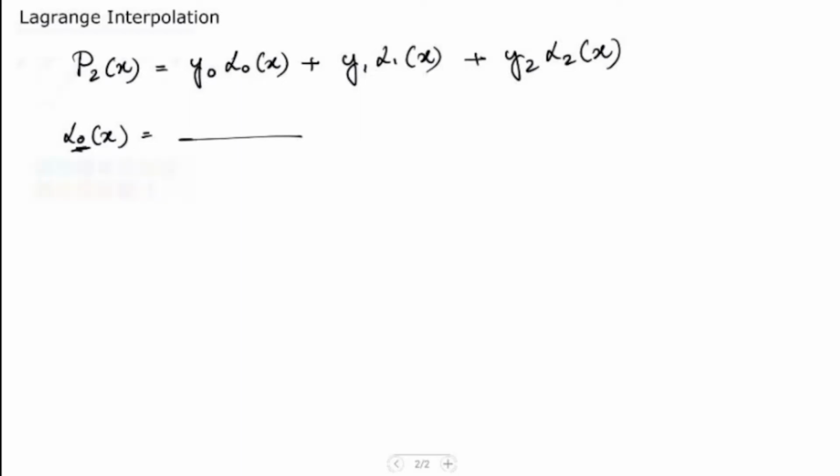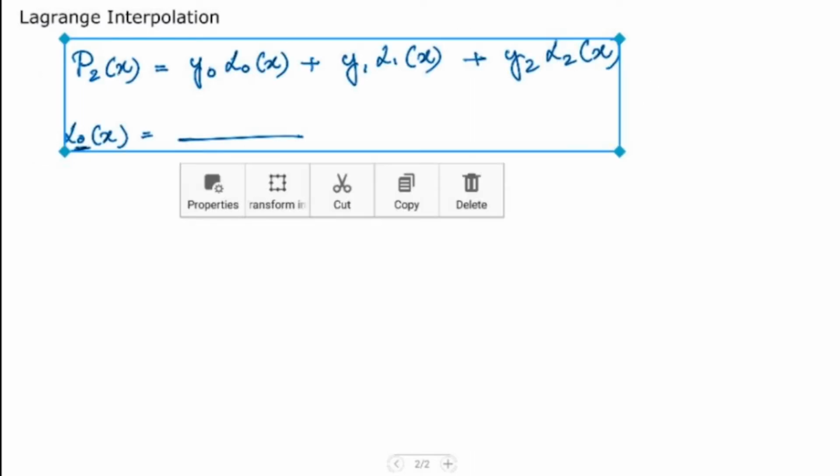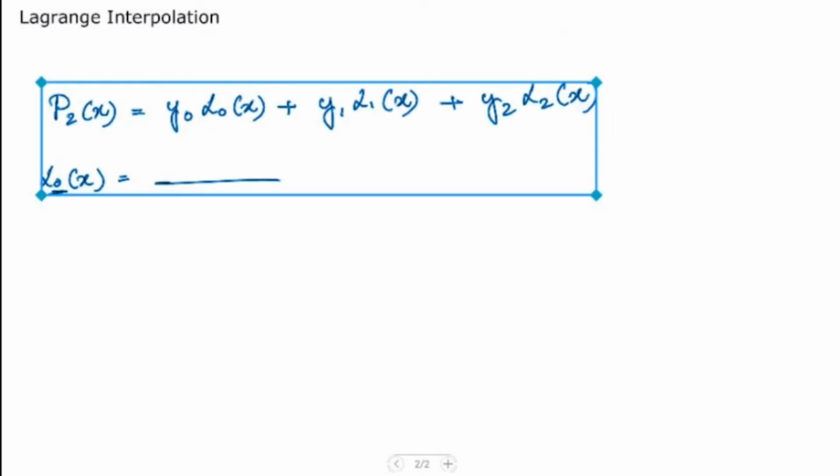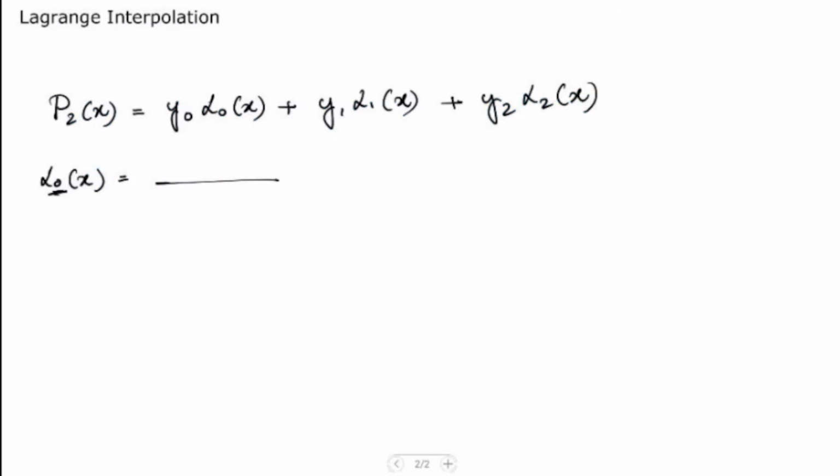Before that, maybe it's a good idea that I write down my points here. Okay, my points were minus 2, comma, minus 27, and 0, comma, minus 1, and 1, comma, 0.